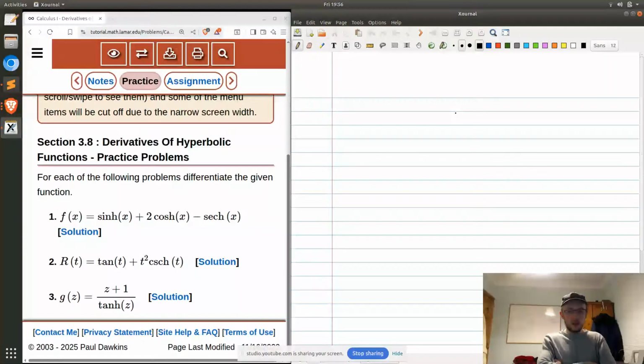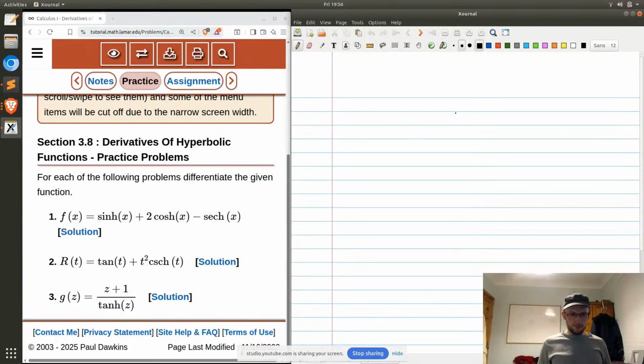I know that cosine x is an even function, and so cosh x will be an even function.